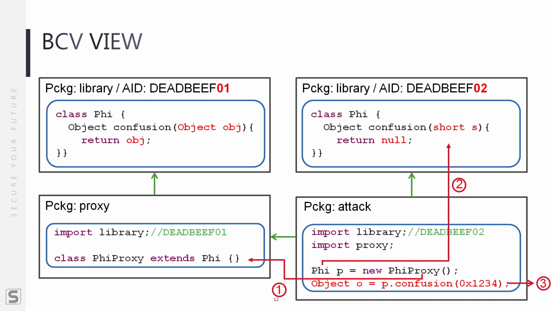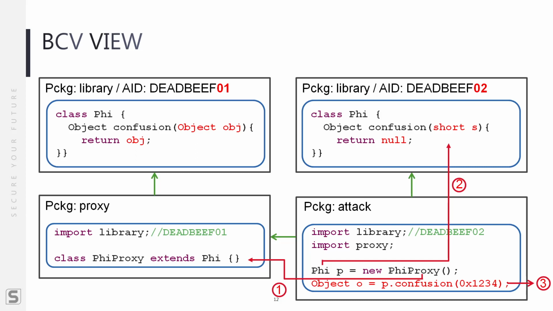So let's start with the BCV view. When creating a phyproxy instance, the bytecode verifier is able to retrieve the class definition from the proxy package. Then, this instance is stored in a variable of type phy. The BCV searches this class from the import table of the cap file. The class is found in the library package with the deadbeef02 AID.